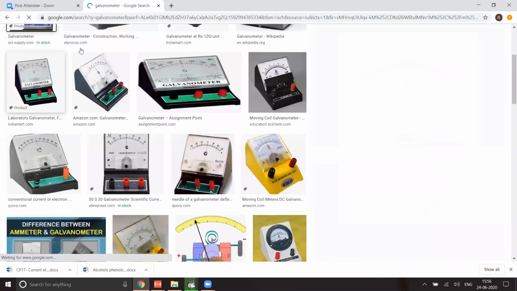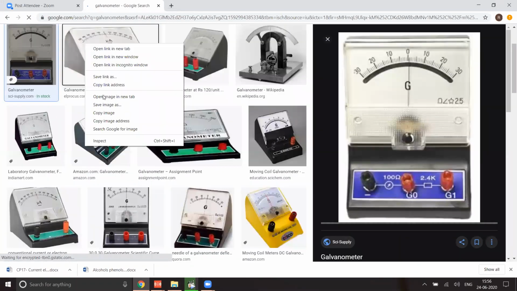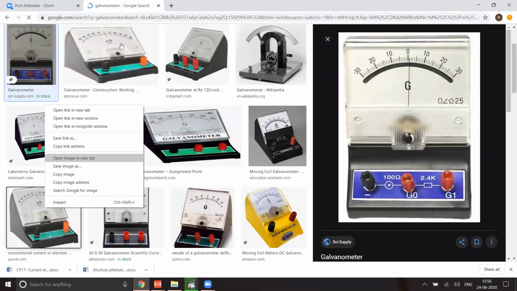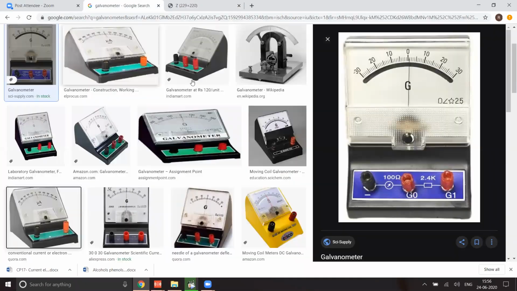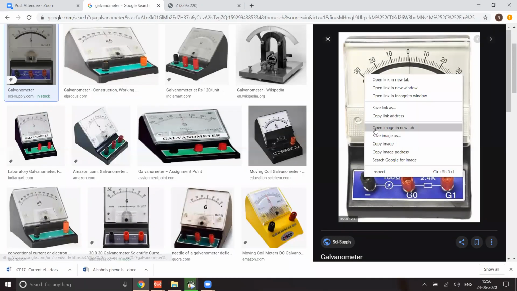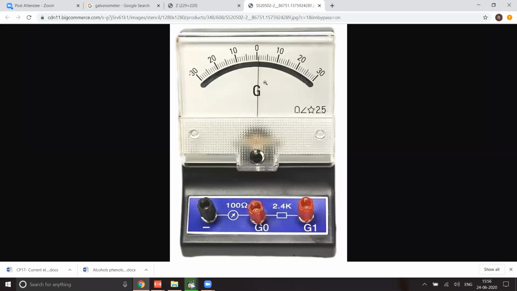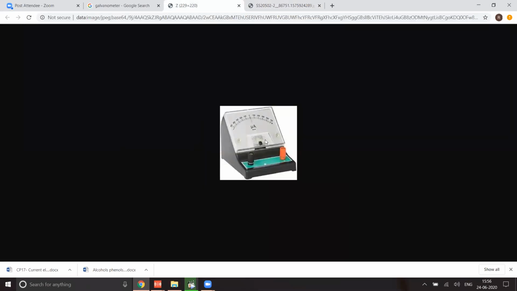So this is a galvanometer. So observe. So this is a galvanometer. Okay, then what is this device? You can observe it. What is written here? Ammeter. Actually, this is also a galvanometer.